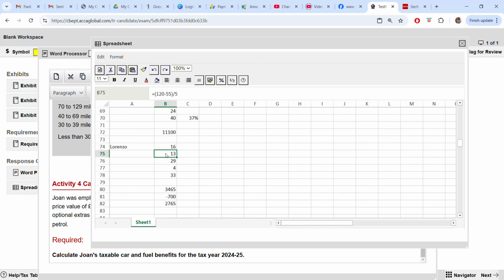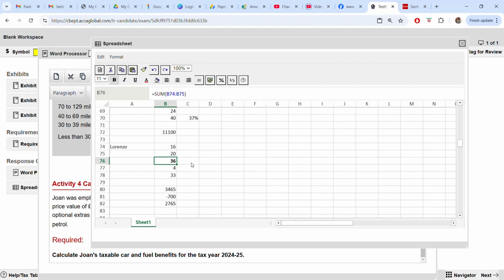So I will show in the previous working itself 155 and deduct 55 and divide by 5, which is 20. And this 20 will be added with 16 and hence 36. So 36 is the percentage.